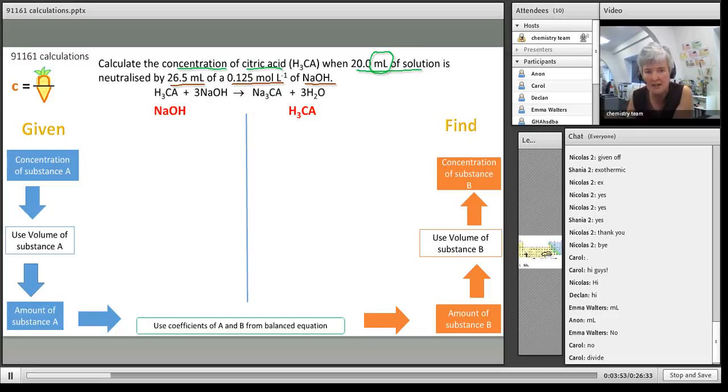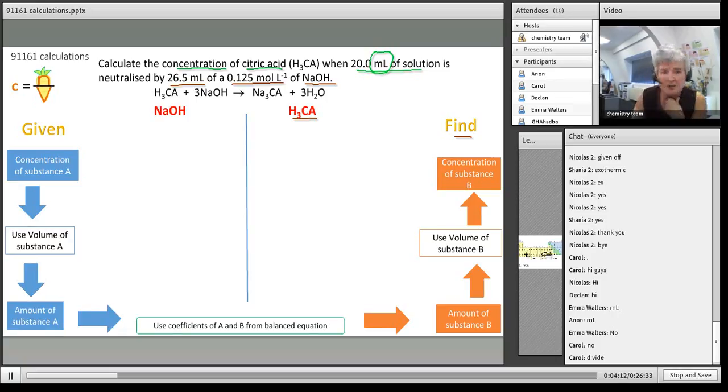Because we know less about citric acid, I've made it the right-hand side because this is what we're finding. If you don't want to do it this way, then make sure you always put the substance in brackets so you know what substance you're dealing with.